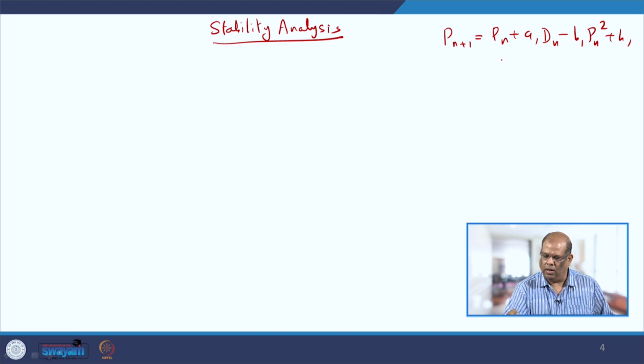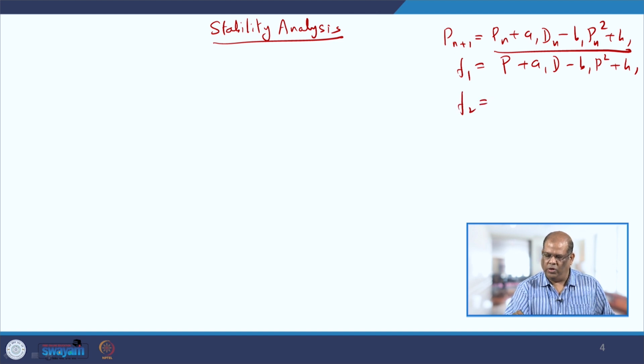We take some function f1 equal to p plus a1 d minus b1 p square plus h1, and similarly the function f2, which is Dn plus 1, as d plus c1 by p minus k1.